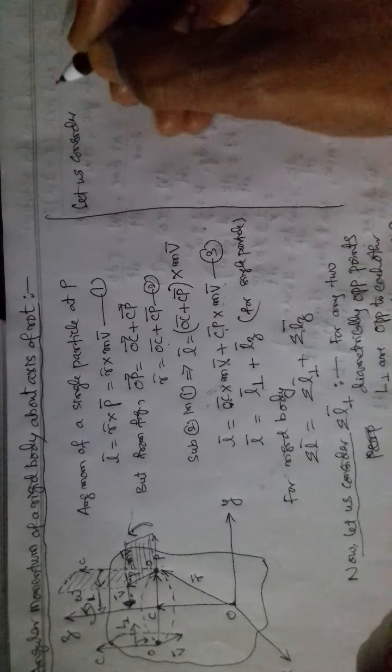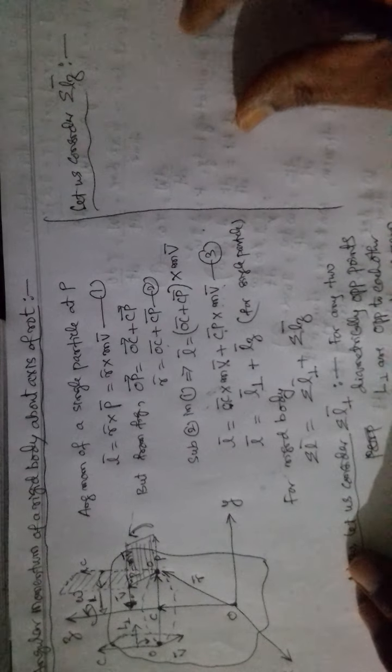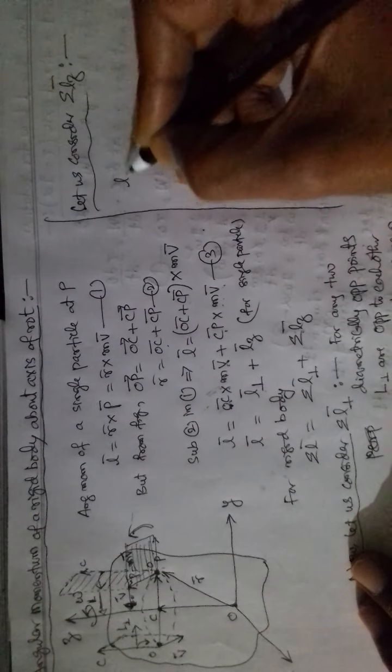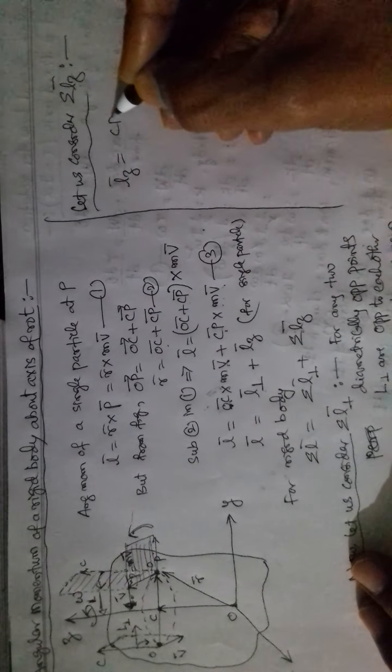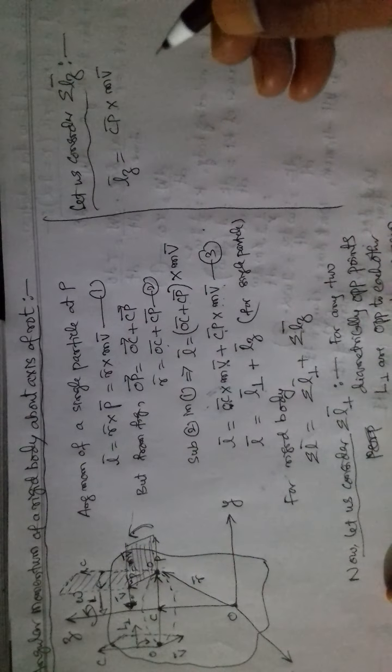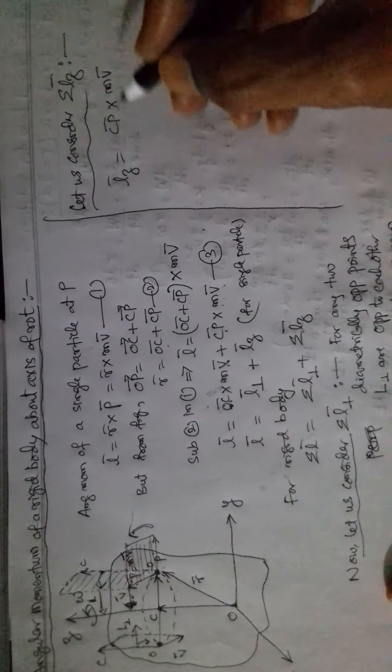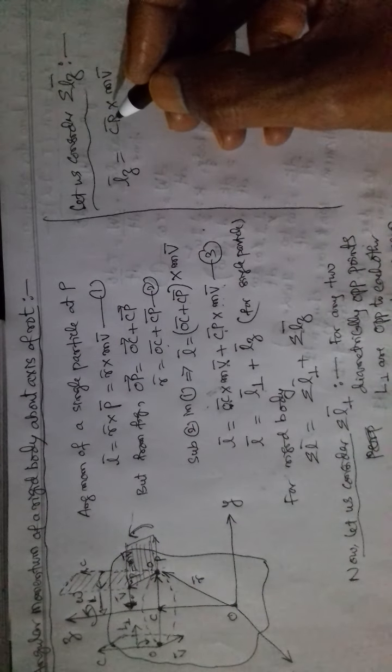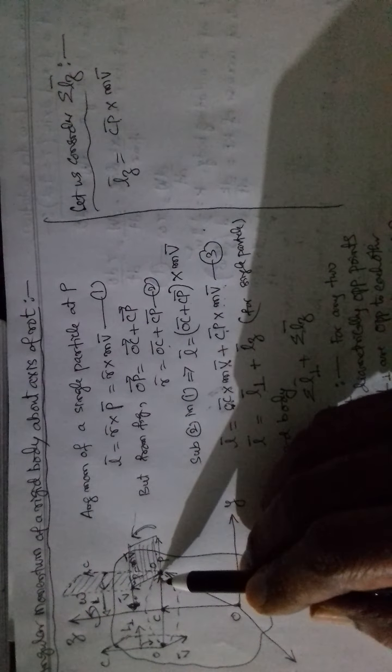Let us consider summation Lz. See here, Lz is Cp cross mv. And here Cp is nothing but the perpendicular distance of the particle.